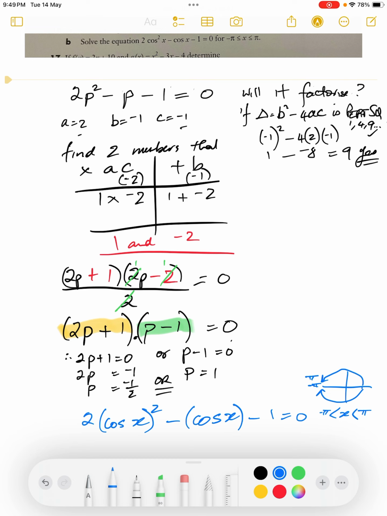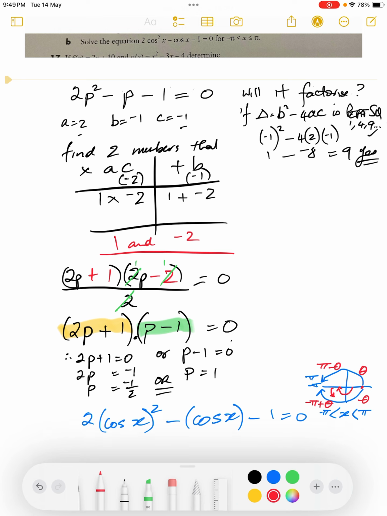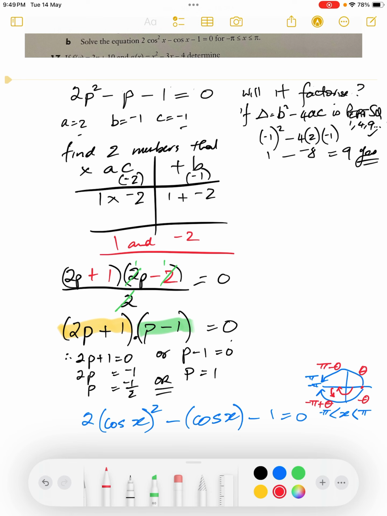So we're still dealing with all four quadrants, and we're dealing with that theta, the first quadrant. Pi minus theta is the second quadrant. And when we come backwards, that's negative theta, and this is negative pi plus theta. So negative pi plus theta takes us into the third quadrant. So therefore P is like cos x.